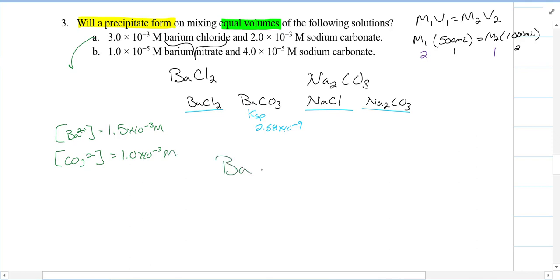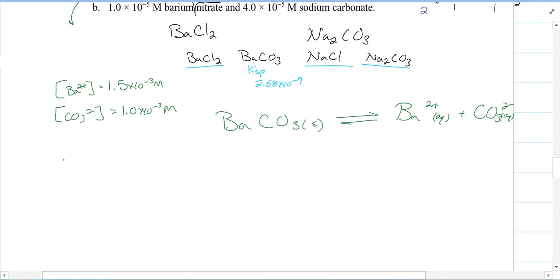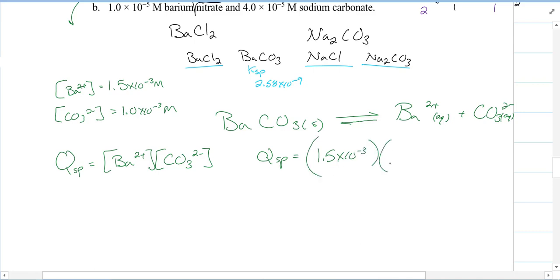Well, barium carbonate, barium 2 plus, CO3 2 minus. Right. Q is equal to concentration of barium times concentration of carbonate. So QSP would equal 1.5 times 10 to the negative third multiplied by 1.0 times 10 to the negative third. So QSP looks like it's 1.5 times 10 to the minus 6.